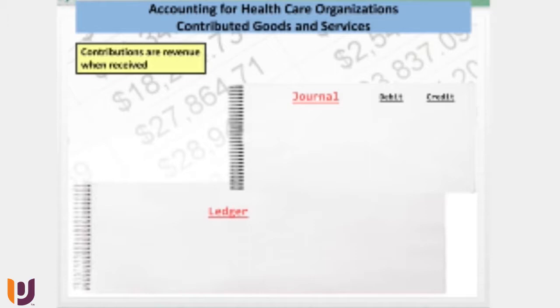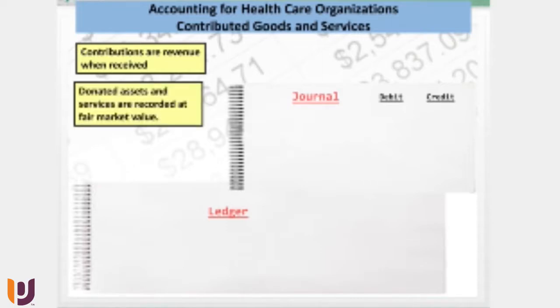Generally accepted accounting principles calls for contributions to be recognized as revenue when received. Restricted contributions are recognized as revenue either within temporarily restricted net assets or permanently restricted net assets. Donated assets are recorded at fair market value.